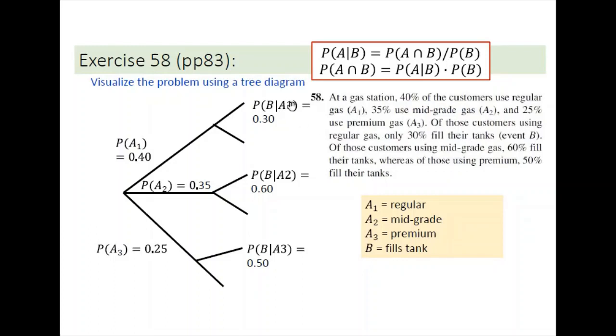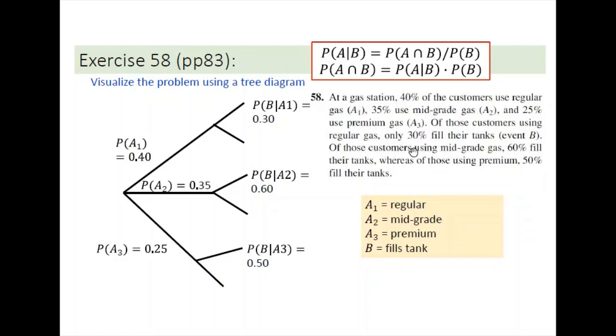So the probability of filling tank, given that using regular gas, is 30%. So this sentence is a conditional probability.